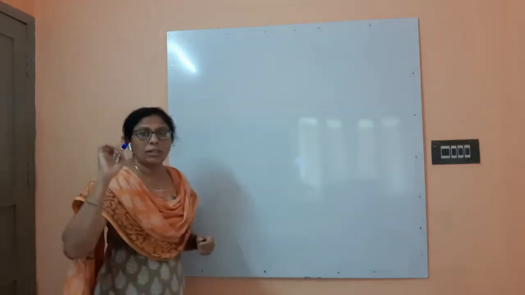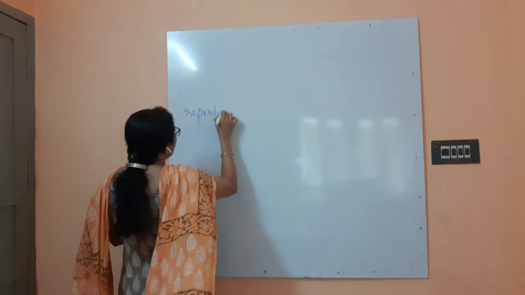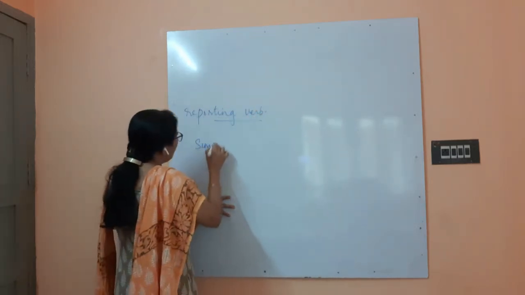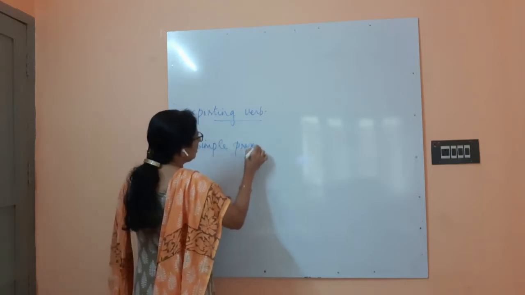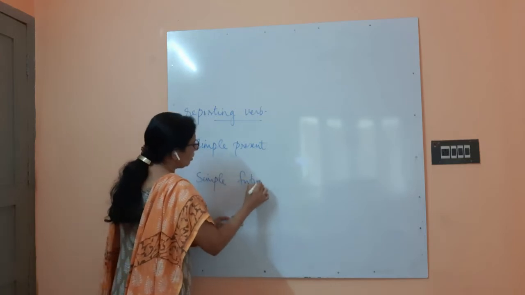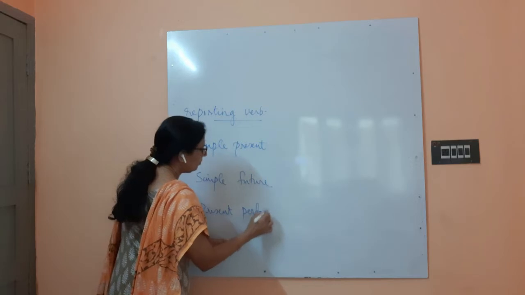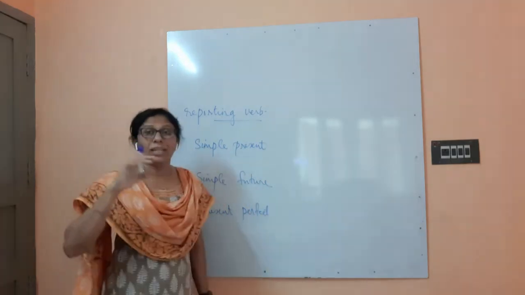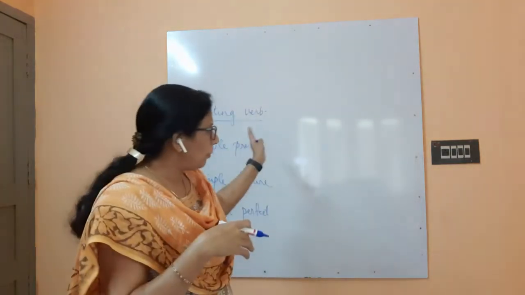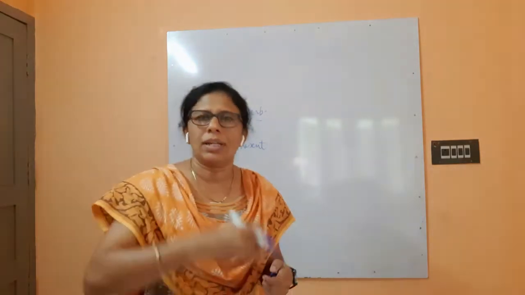If the reporting verb is in simple present, or simple future, or even present perfect, there won't be any change in the code. Okay, we have already studied the changes that will happen in the code when we convert direct to indirect speech.